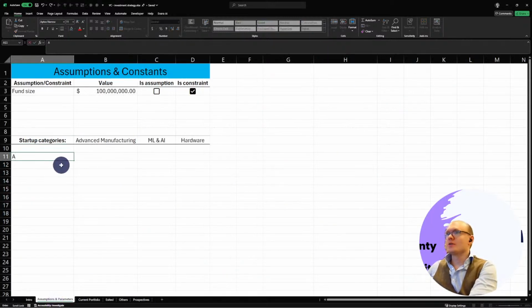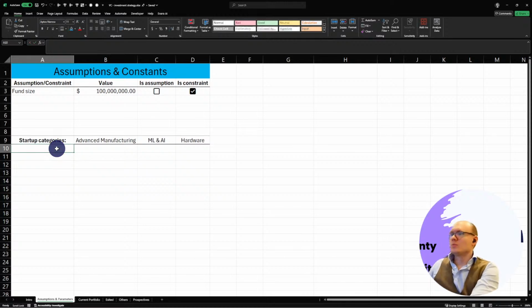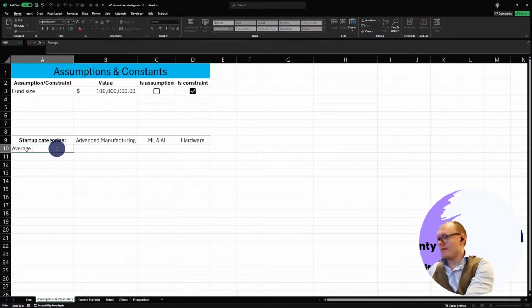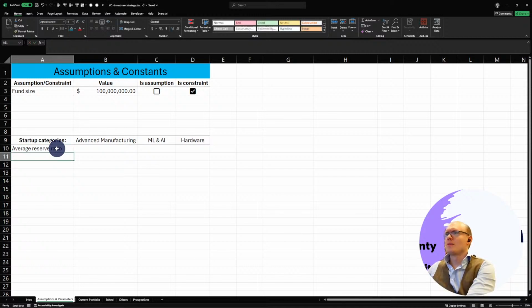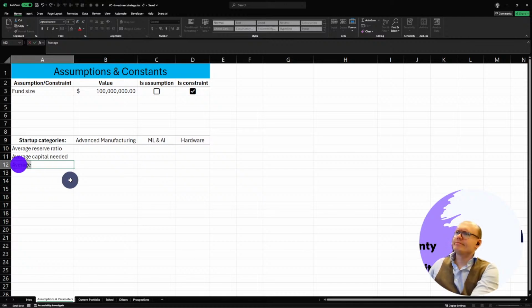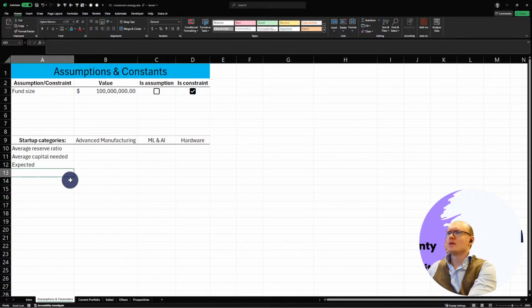So here you can write average reserve ratio. And we will have average capital needed and average, or rather, let's just say, let's call this expected.